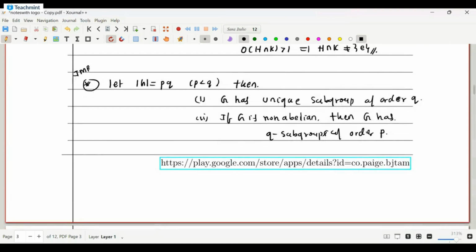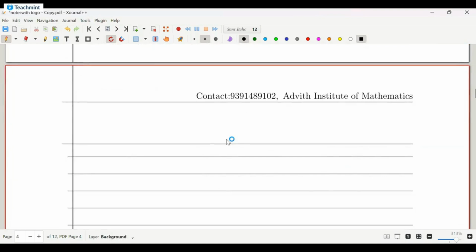Proof. Solution. Let us assume that the order of G is equal to pq, where p is less than q. The first thing to show is that there is a unique subgroup of order q.